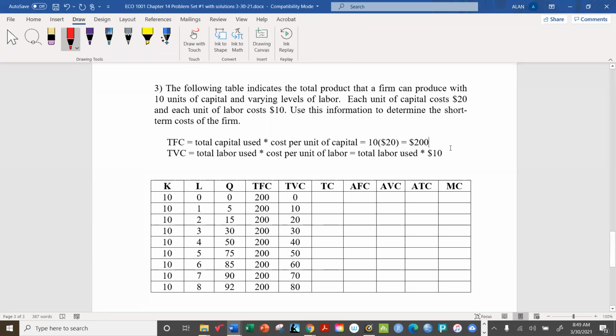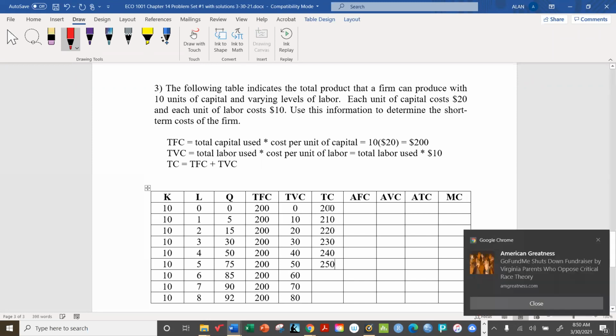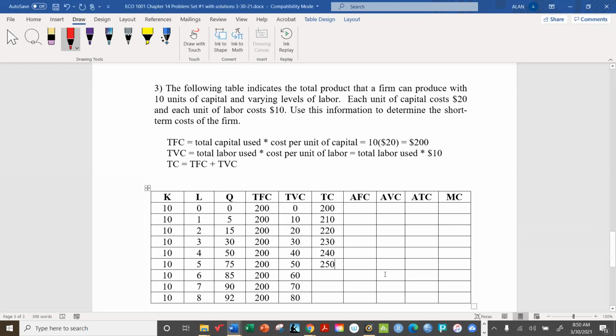Now TC is easy because you just add together TFC plus TVC. So literally all I have to do now is add these together from the previous two columns. Okay, now this is where it gets tricky.